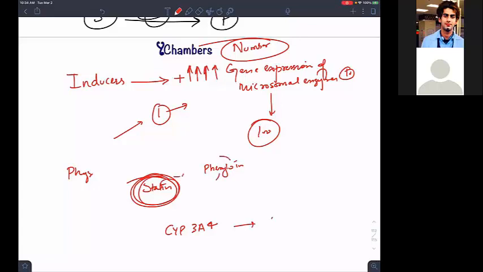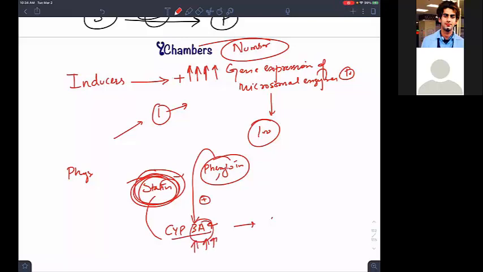He's already a patient of epilepsy, and he's also a patient of hypercholesterolemia, hyperlipidemia, and I have to give him both the drugs. This statin is getting metabolized by cytochrome P3A4. This phenytoin is an inducer of cytochrome P3A4. If this is an inducer of cytochrome P3A4, that means my cytochrome 3A4 will increase. I will have more amount of 3A4.